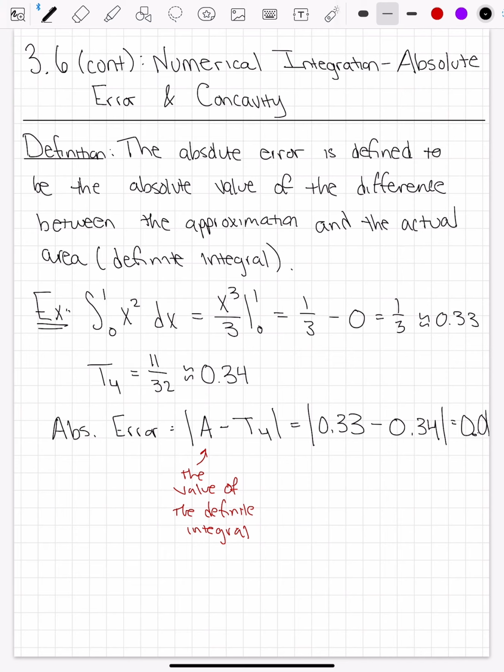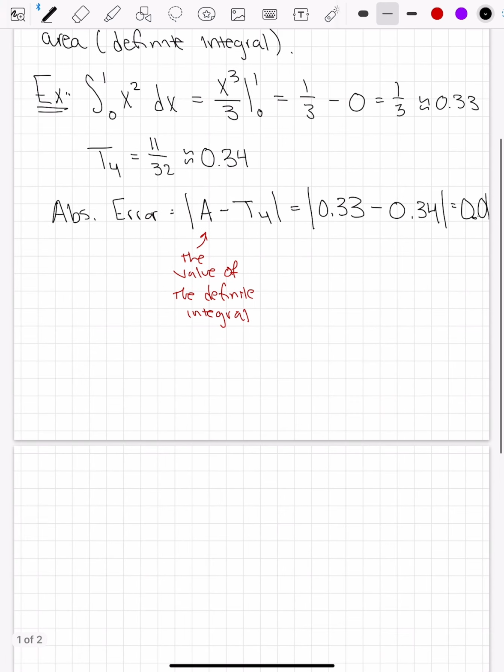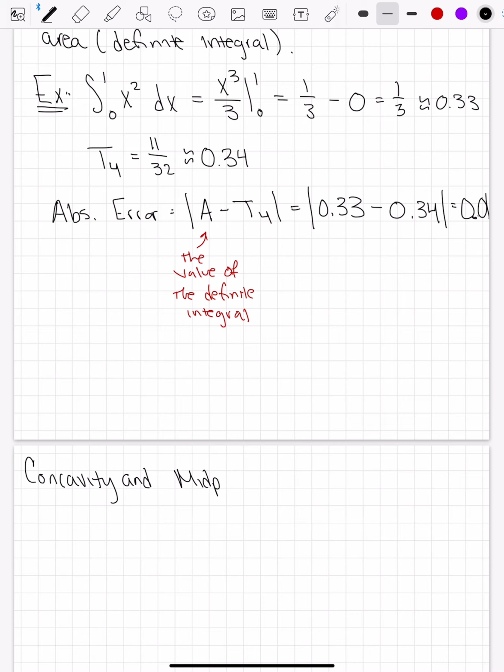And then the other thing I wanted to talk about in terms of the trapezoid rule is this theorem that we have about concavity and midpoint and trapezoid rule.